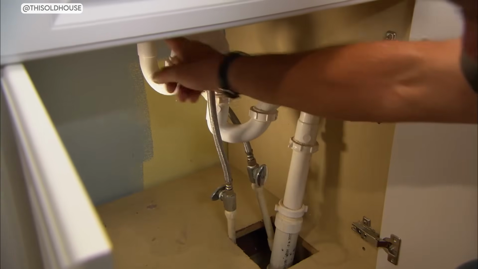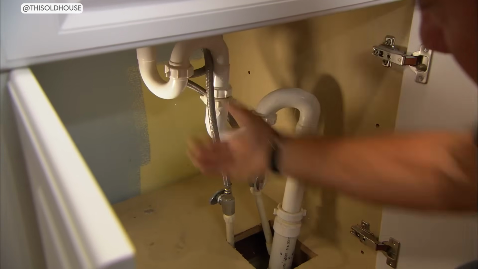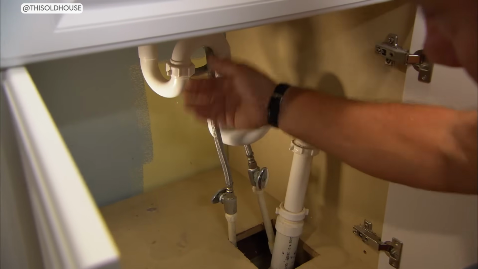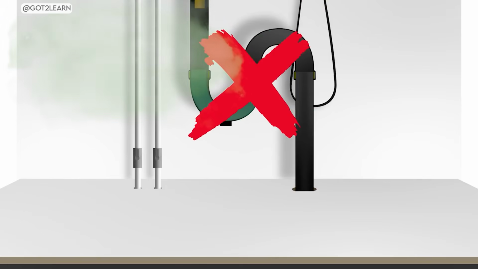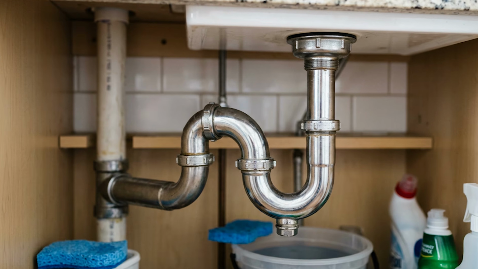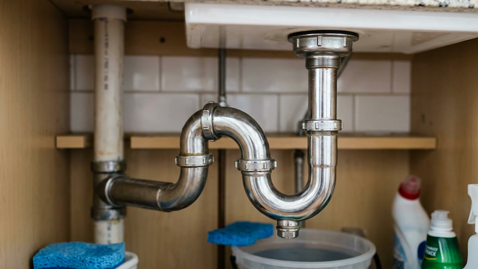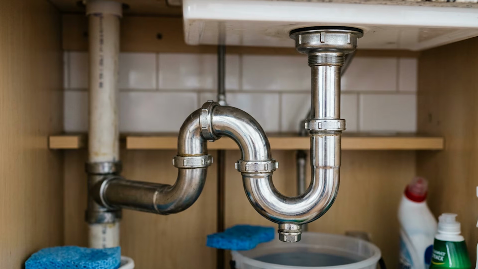The fifth point worth exploring is why S-traps were so common in older homes. If they are so dangerous, you might be wondering how they ended up in millions of houses in the first place. The answer is simple. Older plumbing practices and building layouts made S-traps the easiest option.